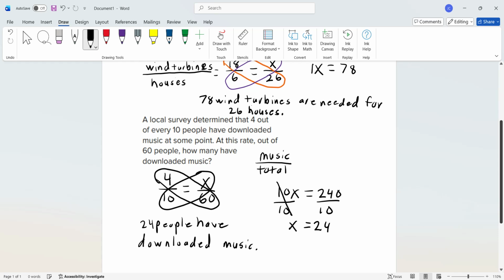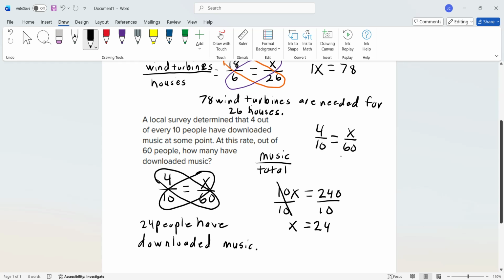And that's it. That's all that we write. So once again, find your proportion, set it up, cross multiply, and then we solve. If you wanted to do the other way with this problem, I'll just set it up real quickly. I can do 4 over 10 equals something over 60.